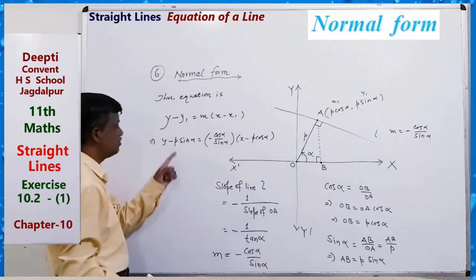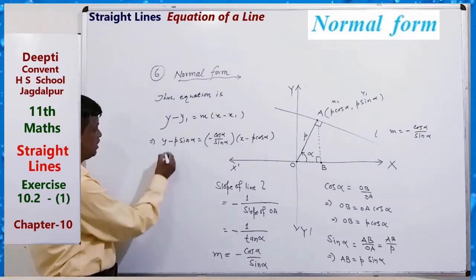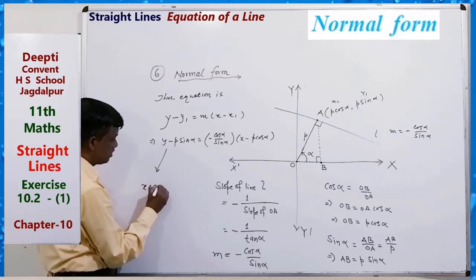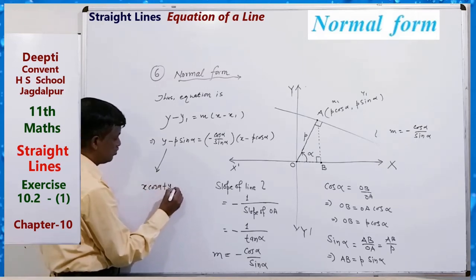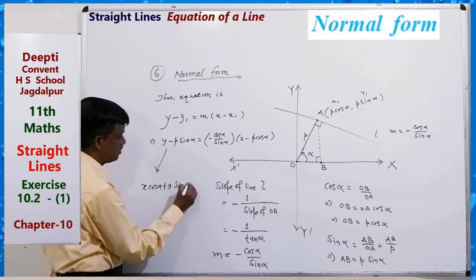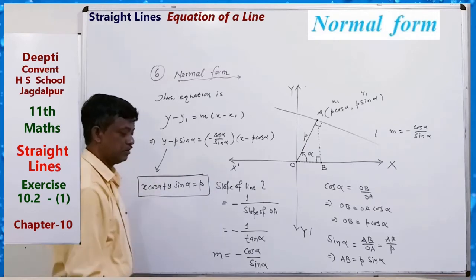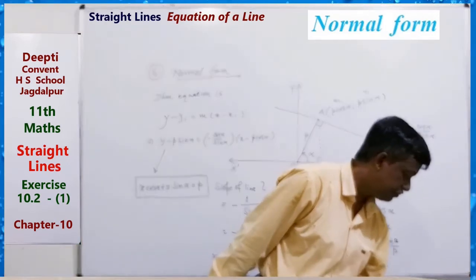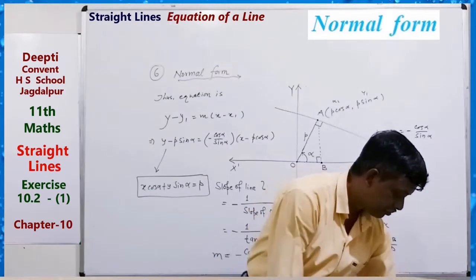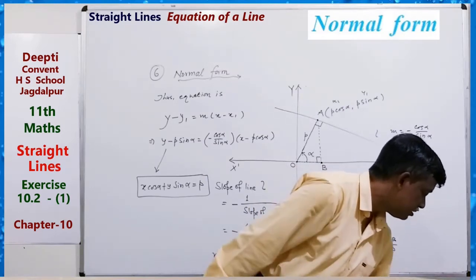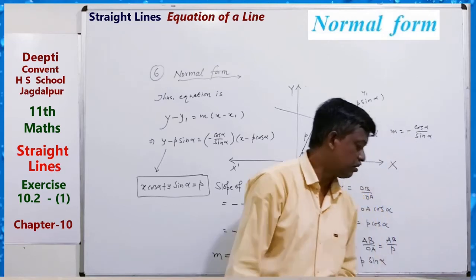So it can be simplified, just like this: x cos alpha plus y sine alpha equals p.